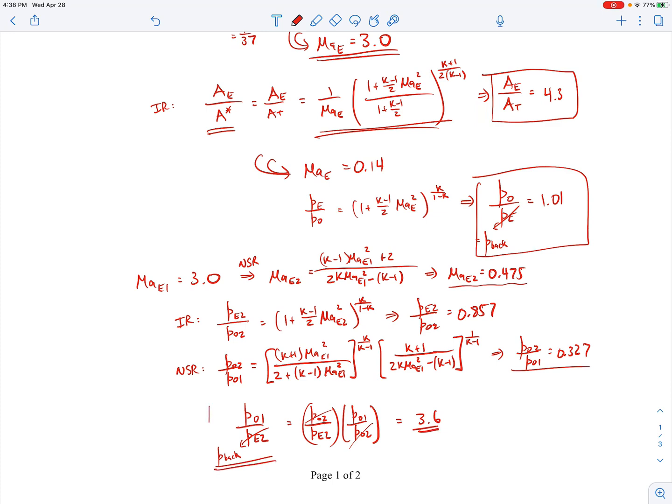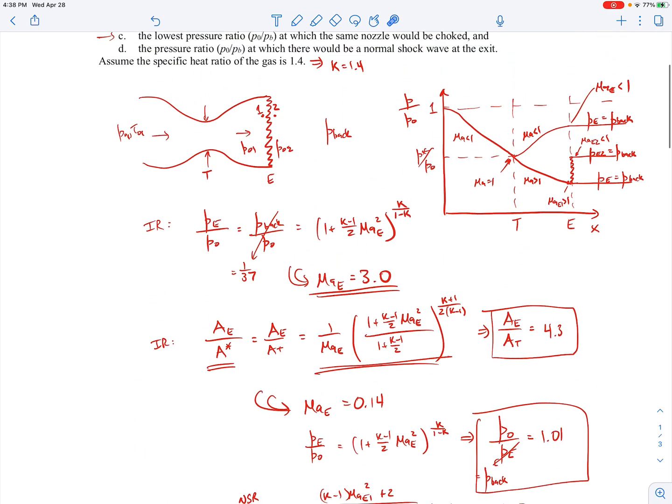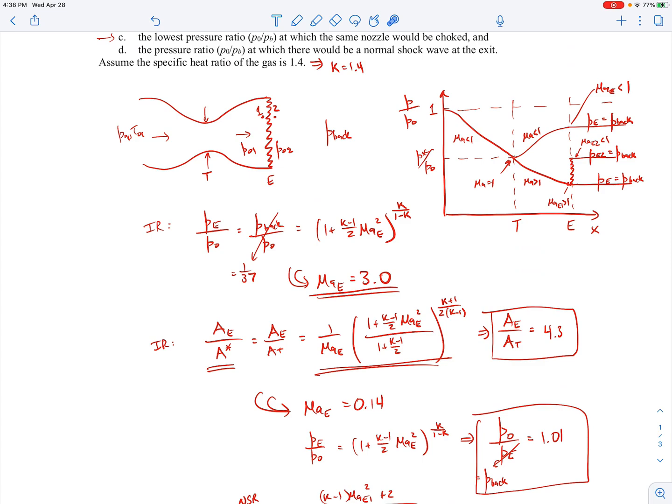So that's the last part of the problem that we were asked to find: what is that ratio of the upstream reservoir pressure to the back pressure that will give us this case with a normal shock wave right at the exit. Okay, so if we have that ratio of stagnation pressure upstream to the back pressure with this given geometry, we will get a normal shock wave right at the exit there.